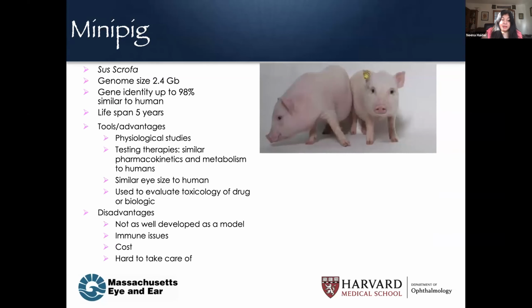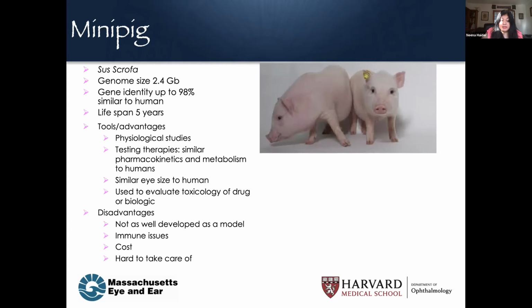The Minipig has become almost a favorite, I think, for toxicology studies. So the advantages of using the Minipig for preclinical studies is their physiology really resembles the humans better than the rodents, for example. They're used in therapies to look at pharmacokinetics and metabolism.